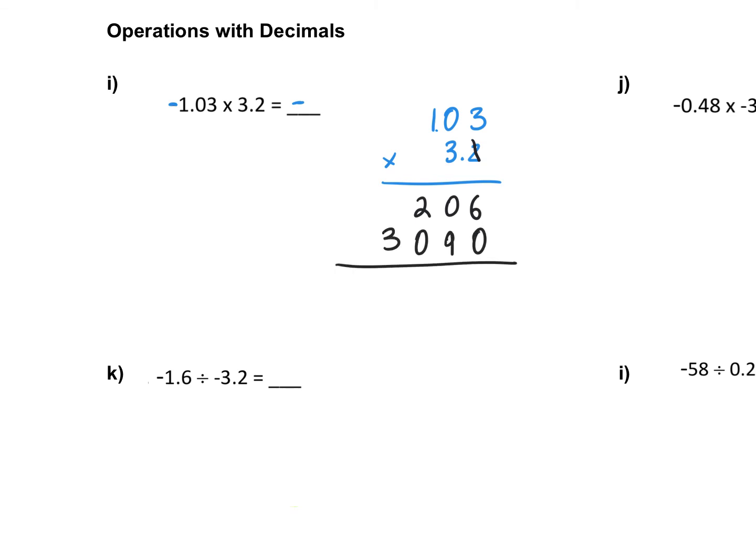Here, I'm going to add my rows together. And now I add that decimal back in. 1, 2, 3 spaces. 1, 2, 3 spaces. So you should have gotten -3 and 296 thousandths.